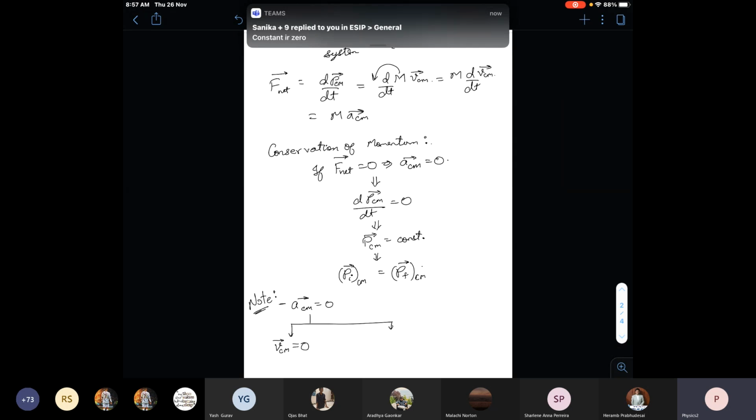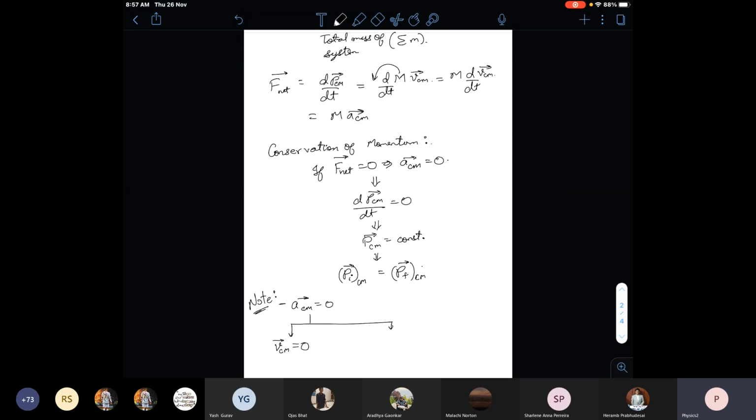So if acceleration of center of mass is 0, there are two possibilities. One possibility is that your center of mass has 0 velocity, that it is at rest. The second conclusion is that the velocity of center of mass is constant. That means it is showing constant velocity motion. It is moving equal distances in equal time intervals.